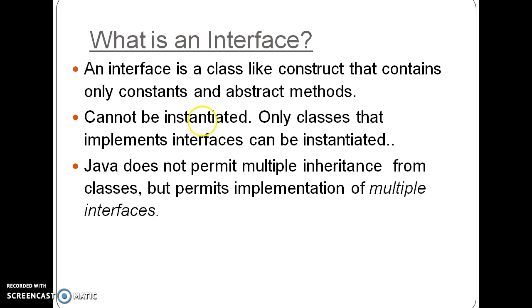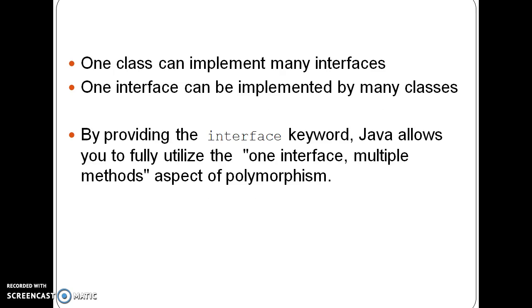Java does not permit multiple inheritance from classes, but it permits implementation of multiple interfaces. By using interfaces, a single class can implement many interfaces. So we can write public class, class name, implements, interface name 1, interface name 2, etc. That is, we can implement any number of interfaces in a single class, and a single interface can be implemented by many classes.